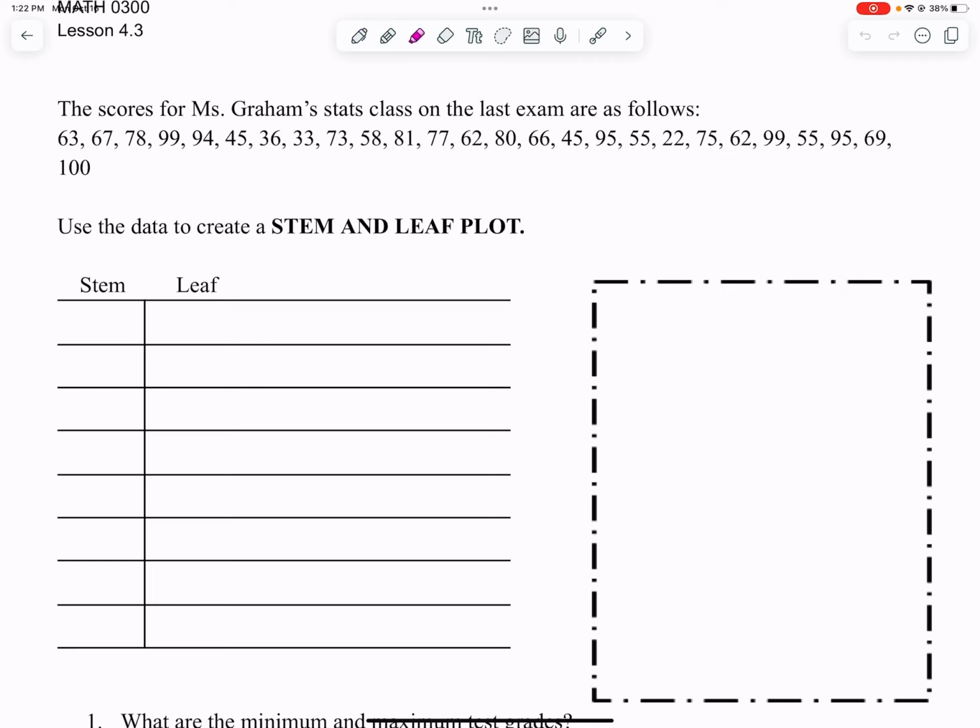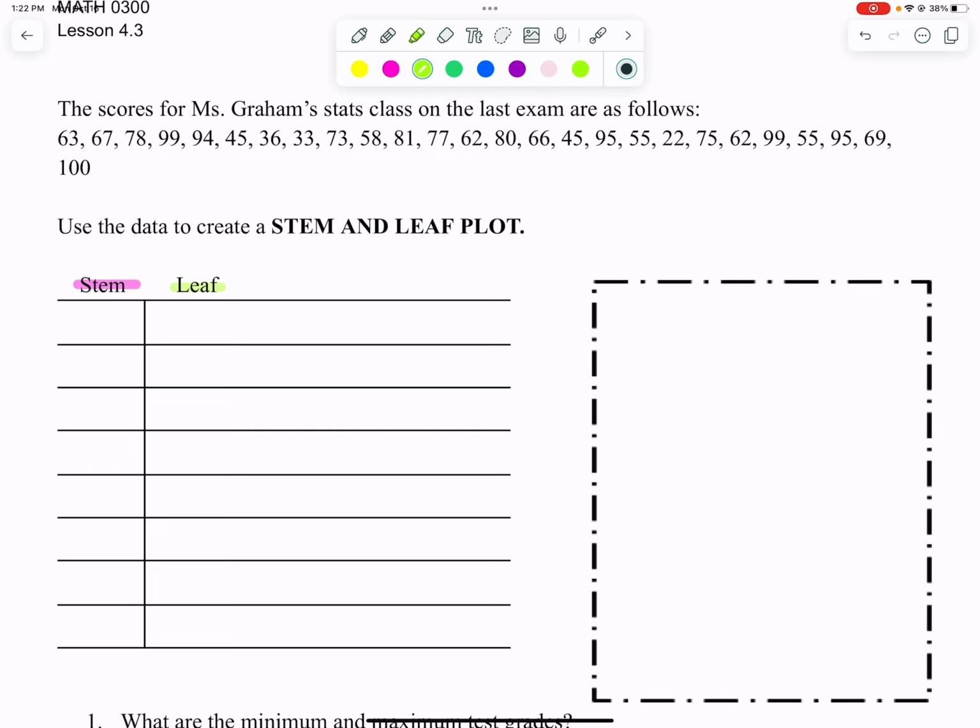you get two different columns in your chart. You get one for the stem and one for the leaf. We're not talking about plants. We are not going to go outside and pick some flowers and glue a stem on one side and then pull off the leaves and glue those on the other side. That's not how this works.